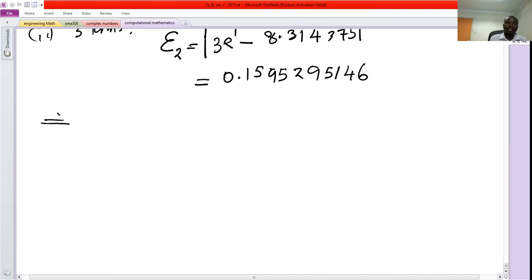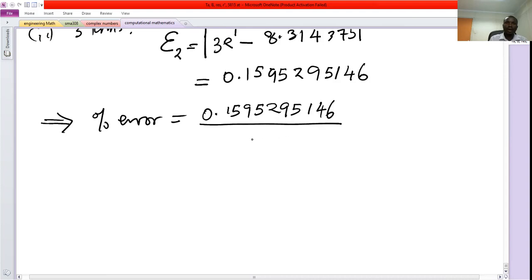So the percentage error in this case will be 0.1595295146 divided by 3 e raised power 1, which is the exact value, times 100%.